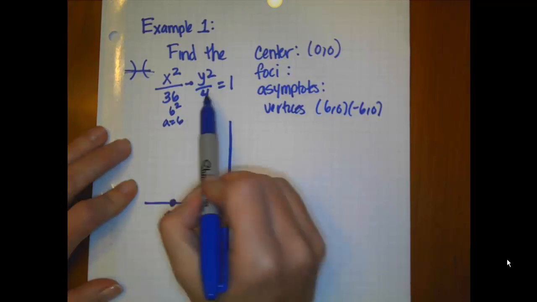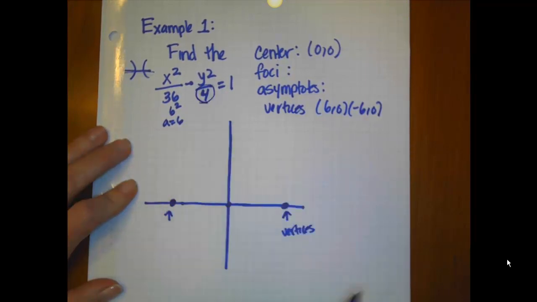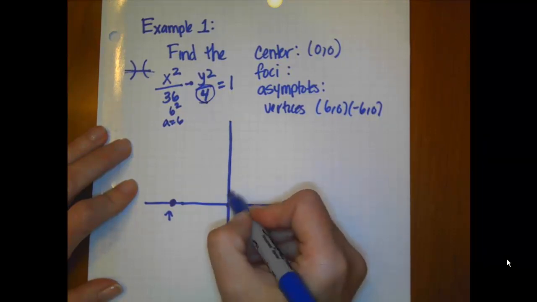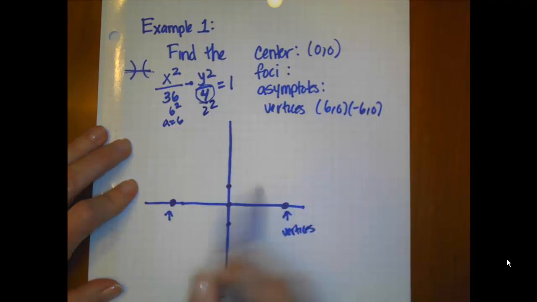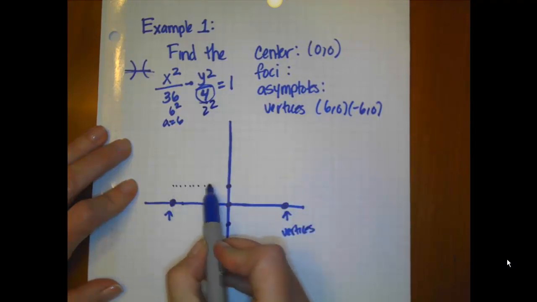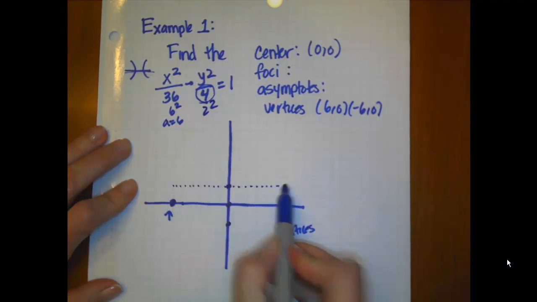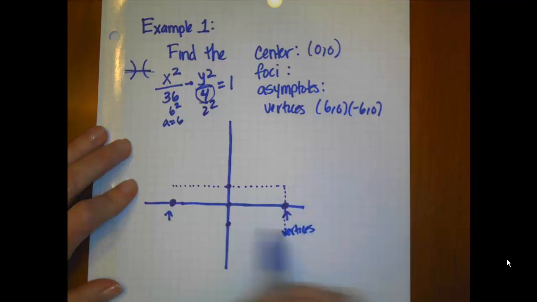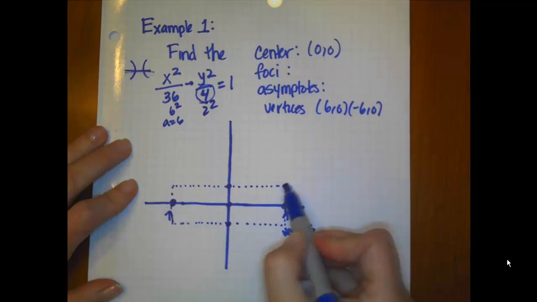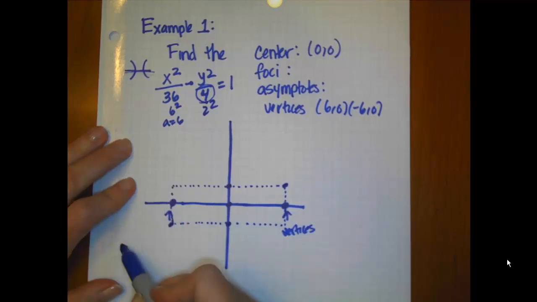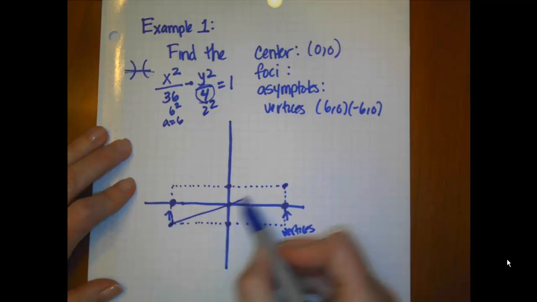So now I'm going to talk about the conjugate axis. The conjugate axis isn't really seen in the hyperbola, but my conjugate axis would be from 2 to negative 2. Now, if I imagine a rectangle, and where these meet, okay, this is going to be an asymptote.